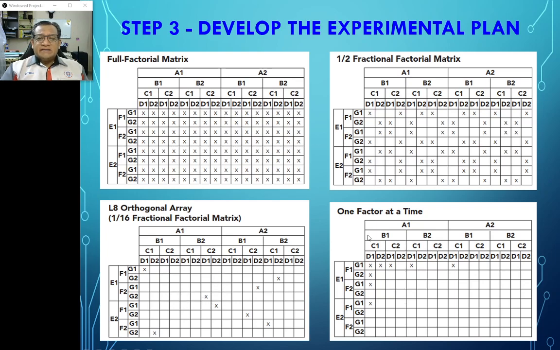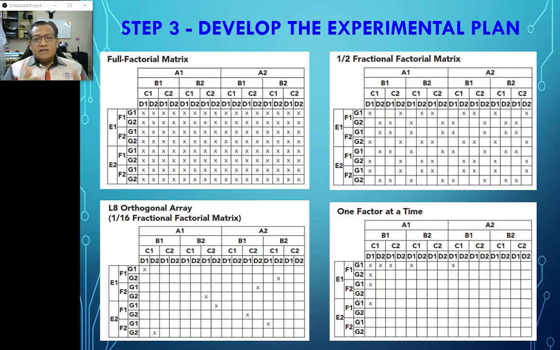Or you want to test one factor at a time. For example, you test only A1, B1, C1, and then only one thing changes. This is one factor at a time testing, which is again time consuming, highly costly, and takes many resources.